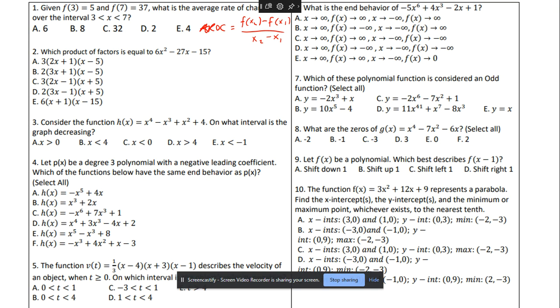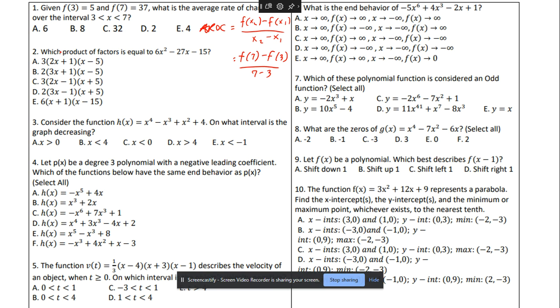So in this case, that's going to be equal to f of 7 minus f of 3 over 7 take away 3. Simplify that and you should get your correct answer. You can double check with the answer key as well.